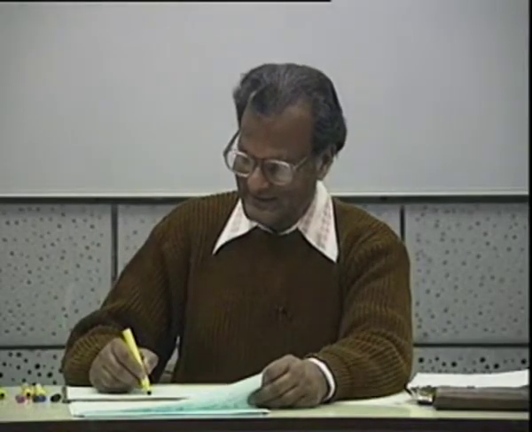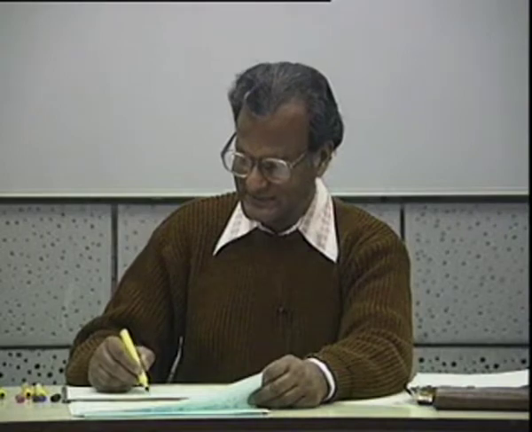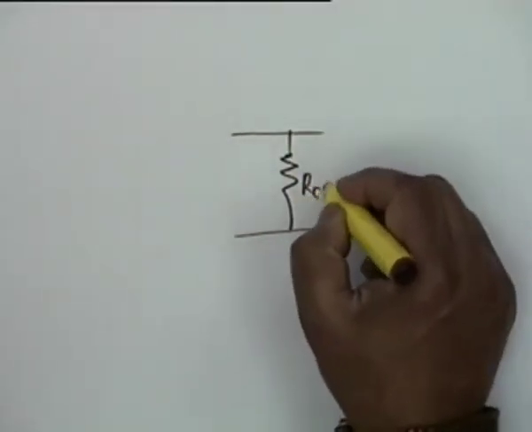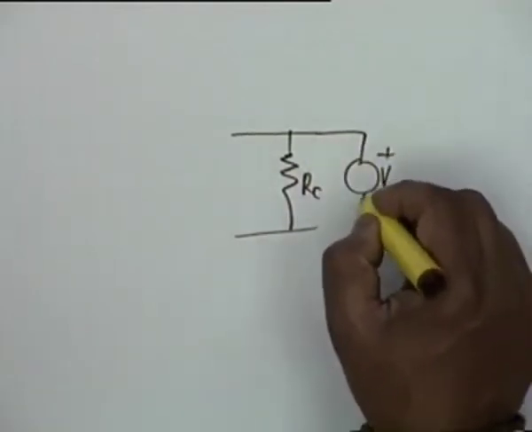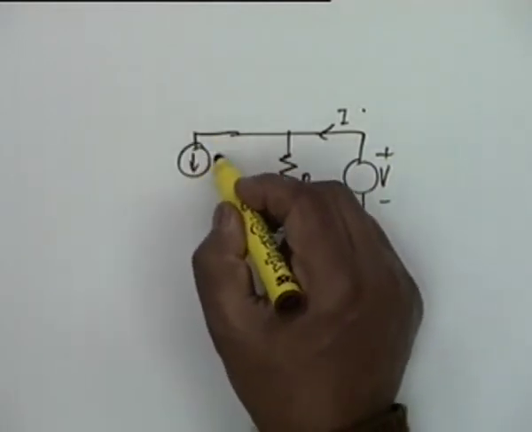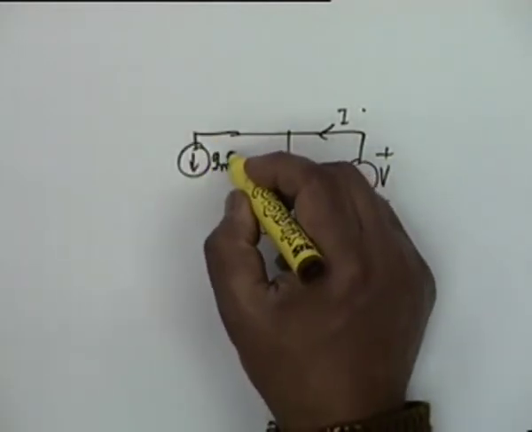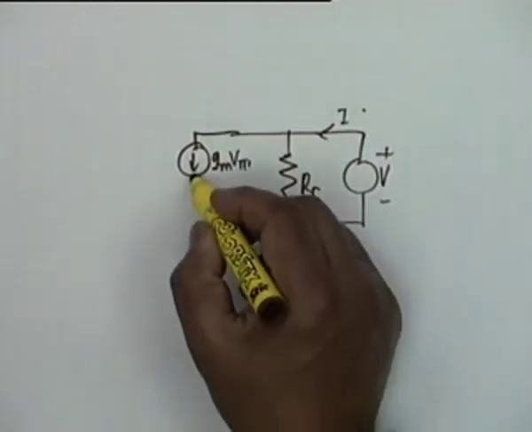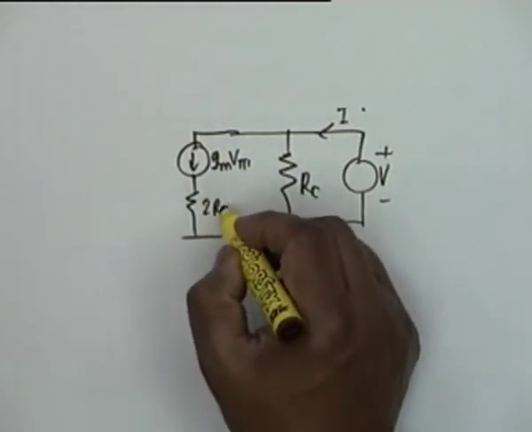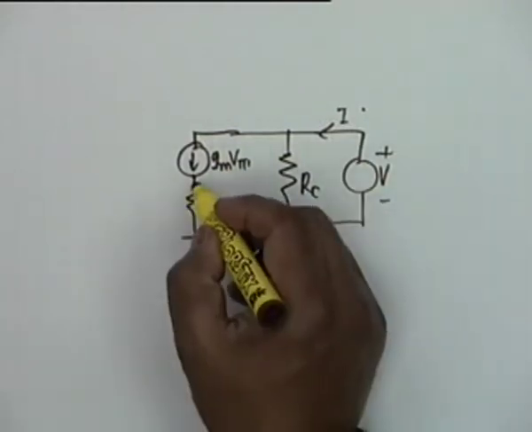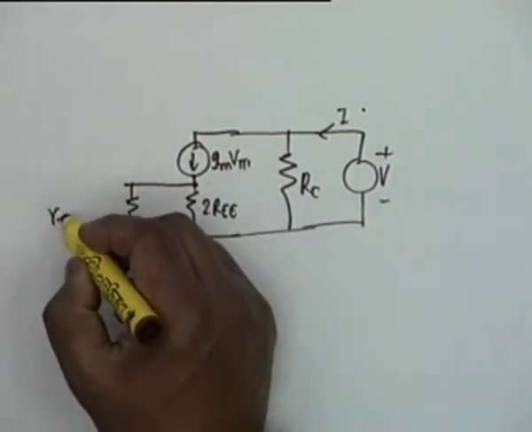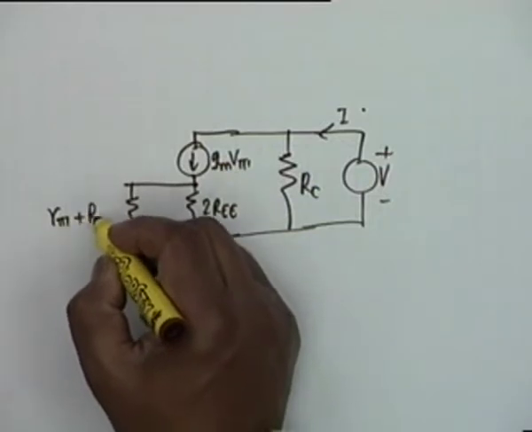All right. What is this? RC, V and I. The question is good. I don't know if the answer would be good. This comes to twice REE. Then from twice REE you have an R pi 1 plus RS.